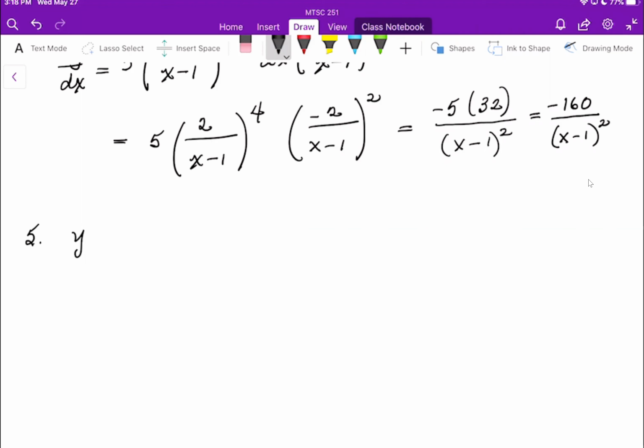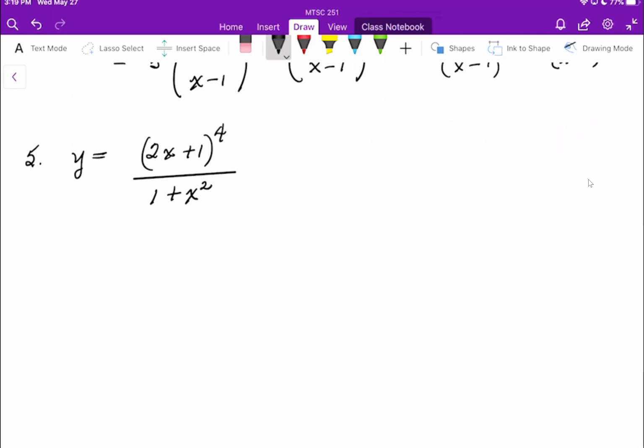So y is going to equal (2x + 1) to the 4th power divided by 1 + x squared. So as you can see, we have a quotient rule and a chain rule. So let's find dy/dx.